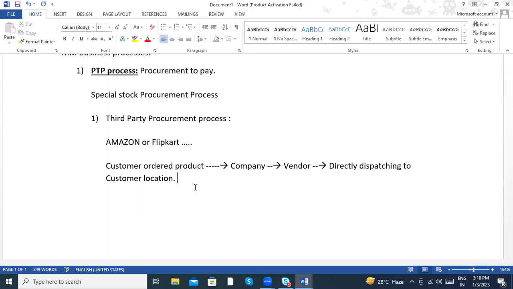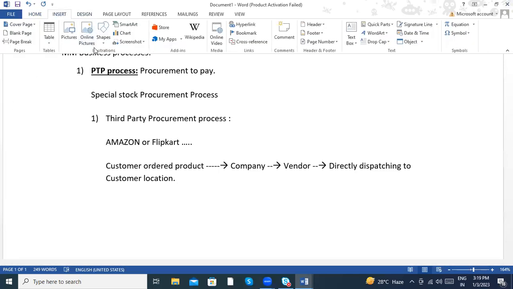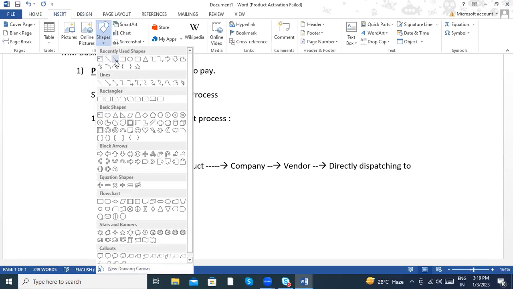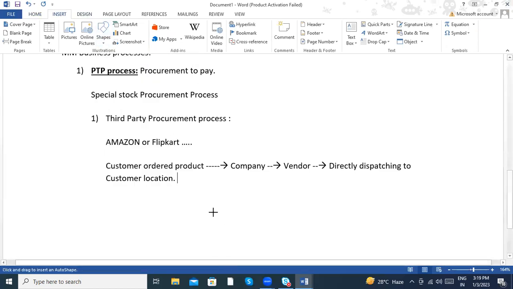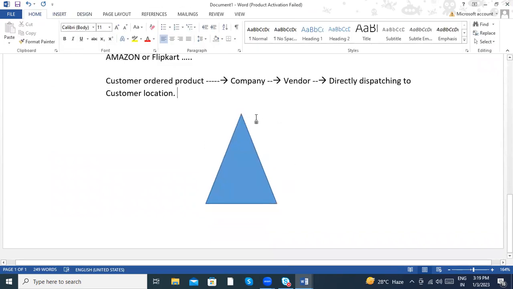In the same way here, the customer directly orders from the company, that means they order on Amazon. Amazon informs the nearest vendor, and they dispatch the goods to the customer. So this is the third party process. In this third party process, what will happen?